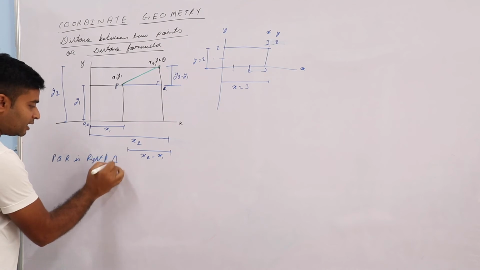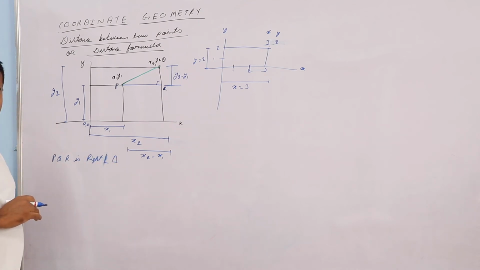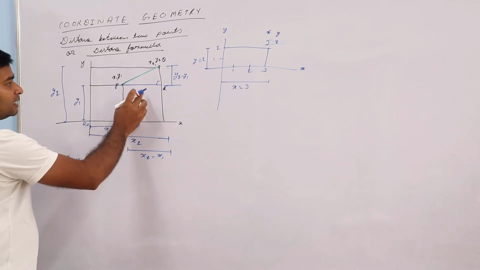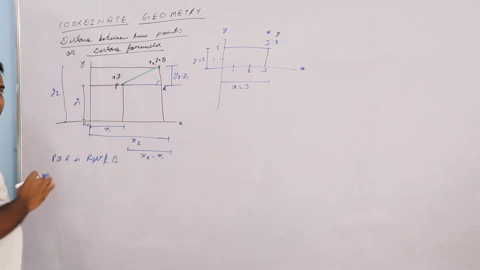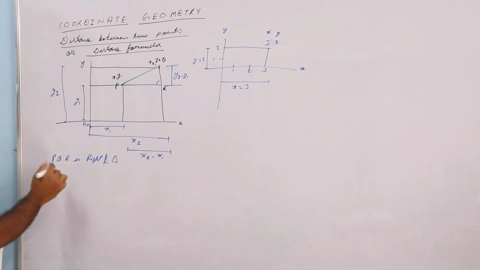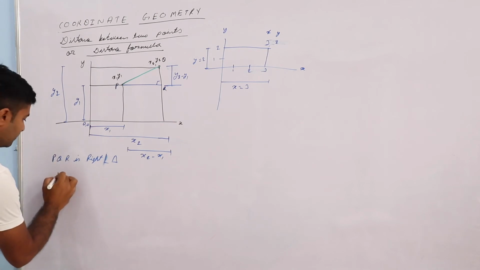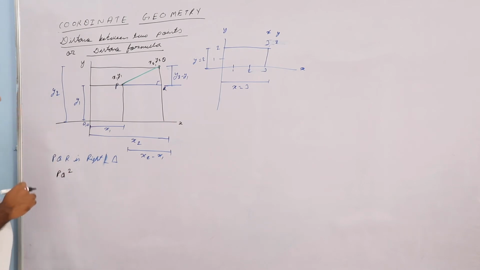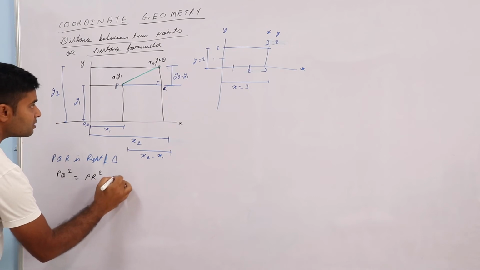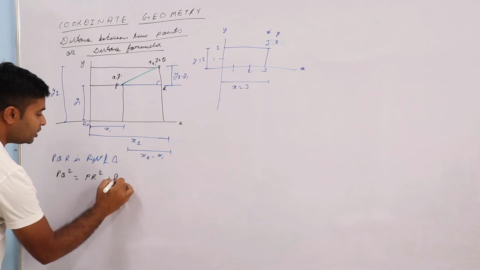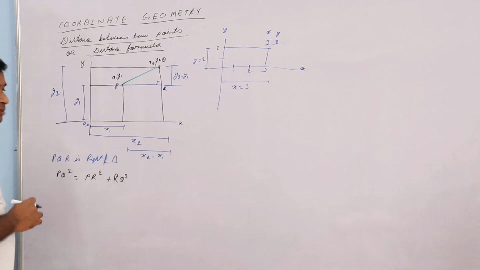Right angle triangle means this is your base, this is perpendicular, and this is hypotenuse. Means we can write PQ square, hypotenuse square, is equal to PR square plus RQ square, or QR square.